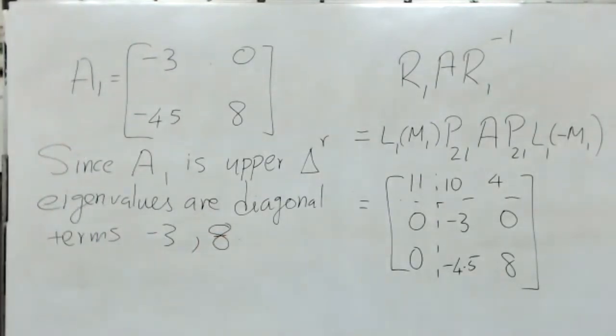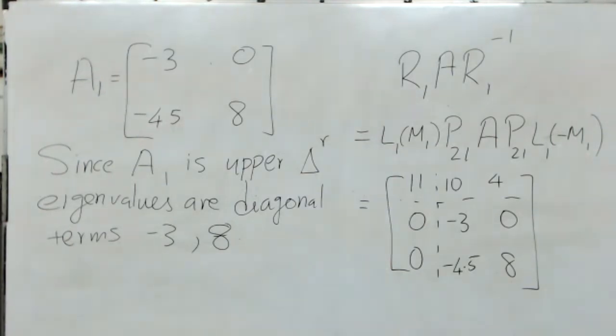The eigenvalues of an upper triangular matrix, a lower triangular matrix or a diagonal matrix are always the diagonal terms. Even if you write this as A minus lambda I and so on, you still get minus 3 and 8 as the eigenvalues. That is a special property of triangular matrices, including diagonal matrices.